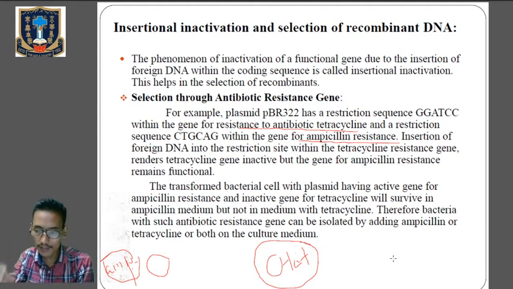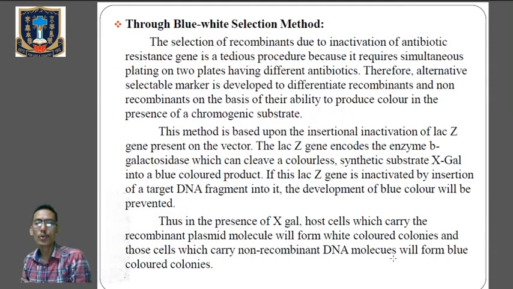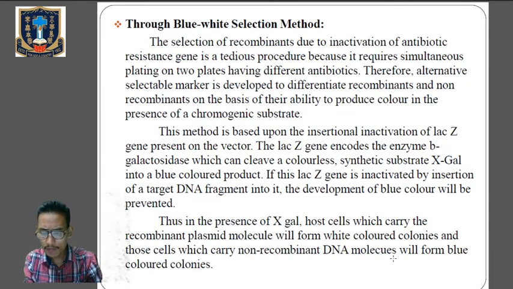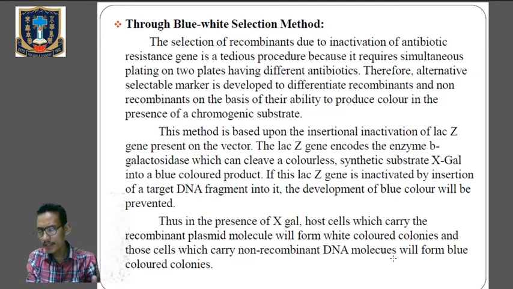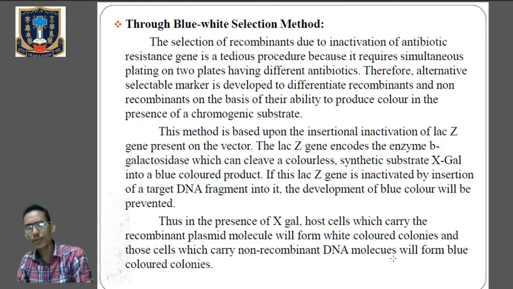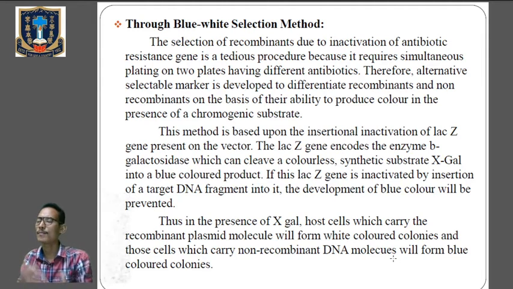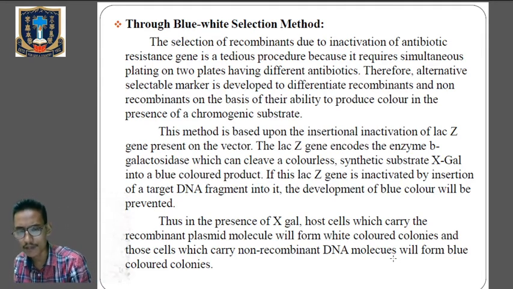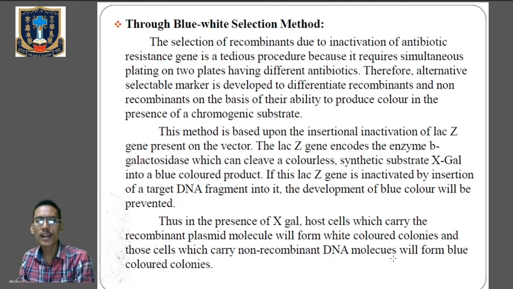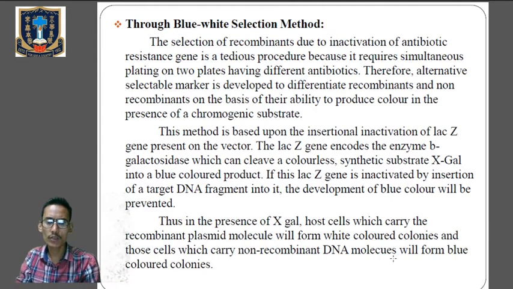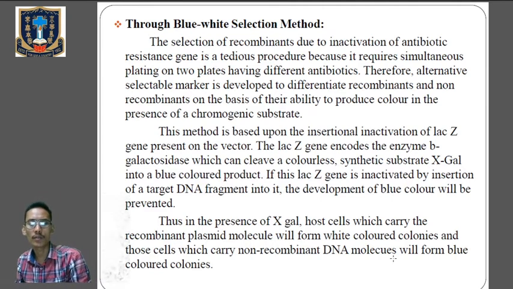Clear? And the second technique is the blue-white selection method. If you go through the antibiotic resistance technique for differentiating between the recombinant and the non-recombinant bacterial cells, then again and again we have to place them in culture plates having ampicillin and tetracycline antibiotics, which is a cumbersome procedure. So the blue-white selection method can be used to differentiate between recombinant and non-recombinant DNA.